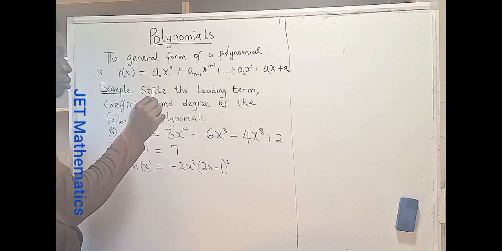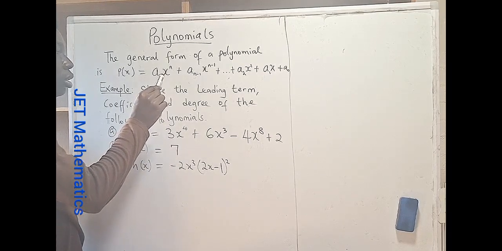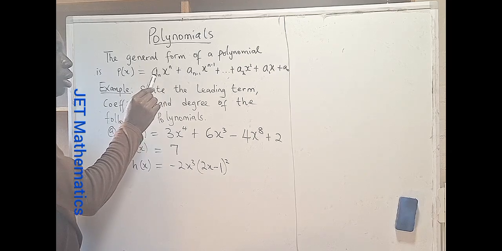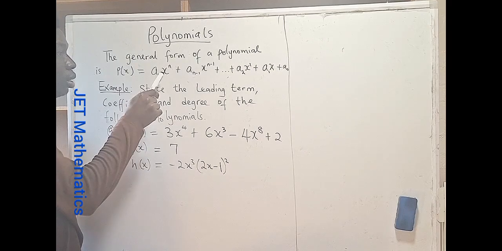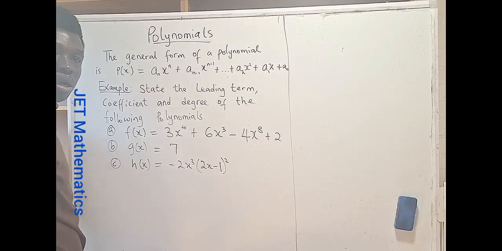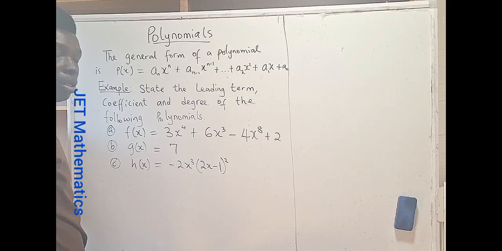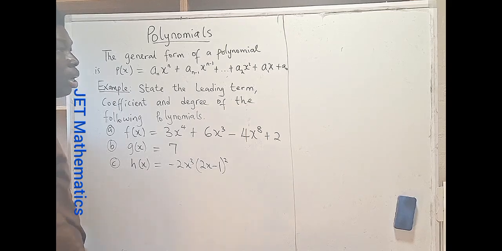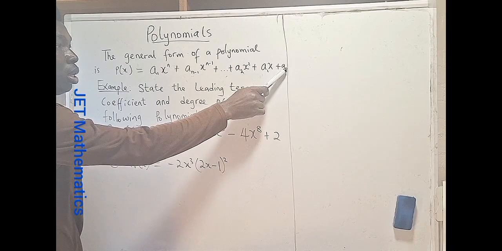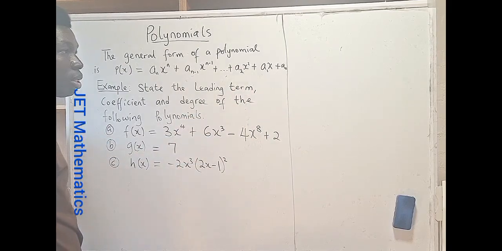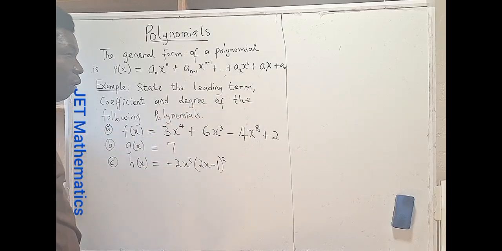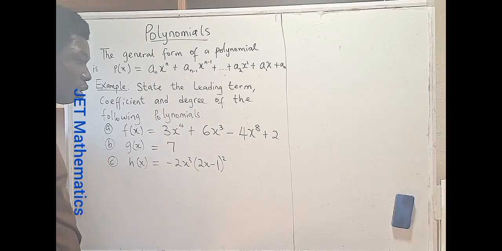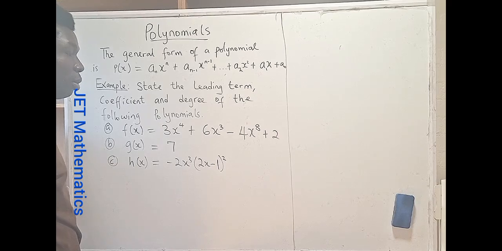And a_n, which is the coefficient of the leading term, is called the leading coefficient. And a naught is a constant. It doesn't carry the variable x. So we'll use that to solve these problems we have here.